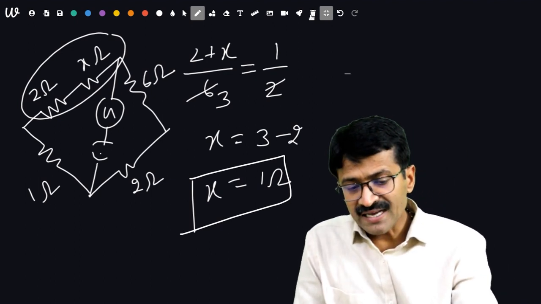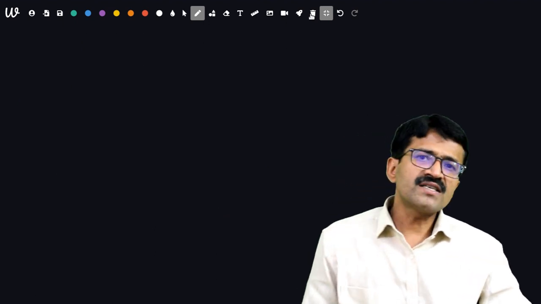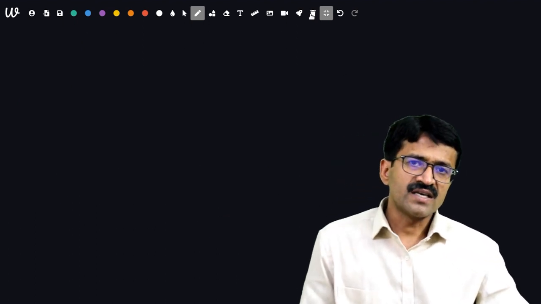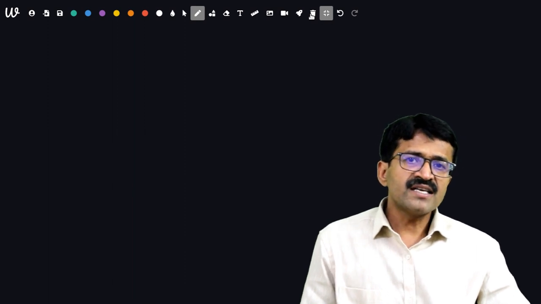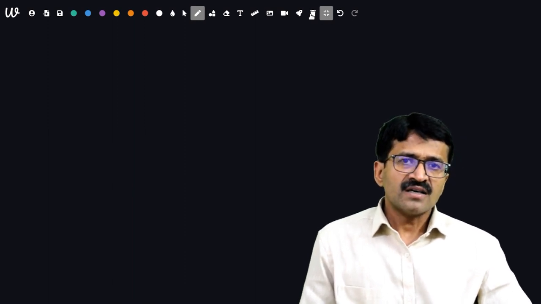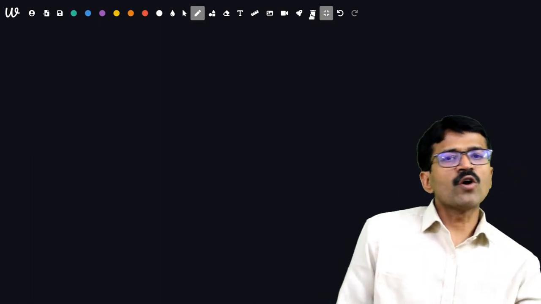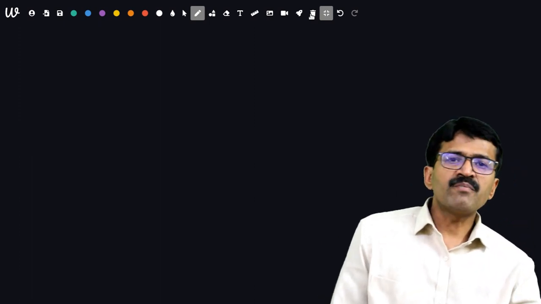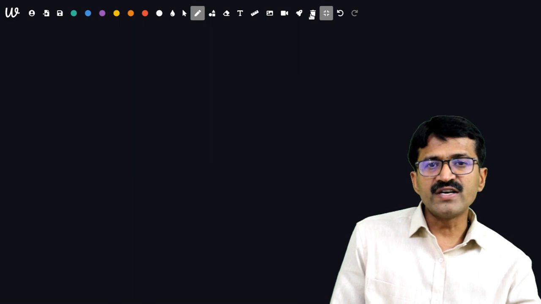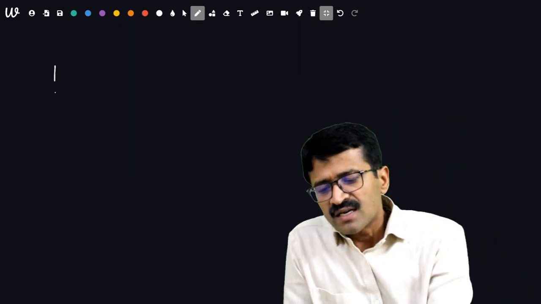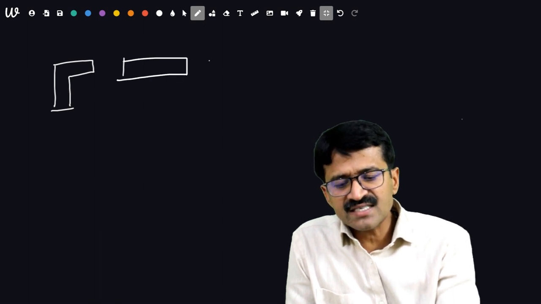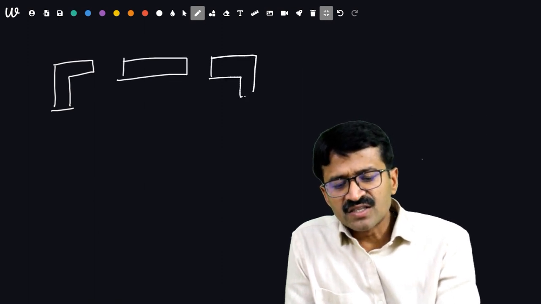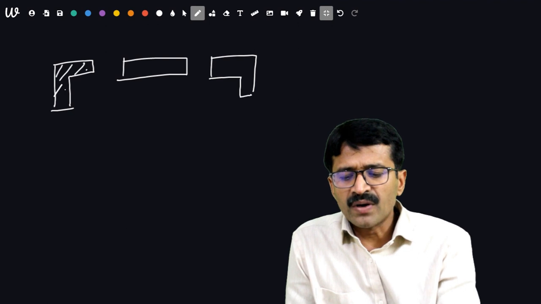Now the question arises, what is the practical application of Wheatstone bridge? It is the meter bridge. Meter bridge is in fact a device having 1 meter long resistance wire and working on the principle of Wheatstone bridge. This is a practical device having 3 copper strips.